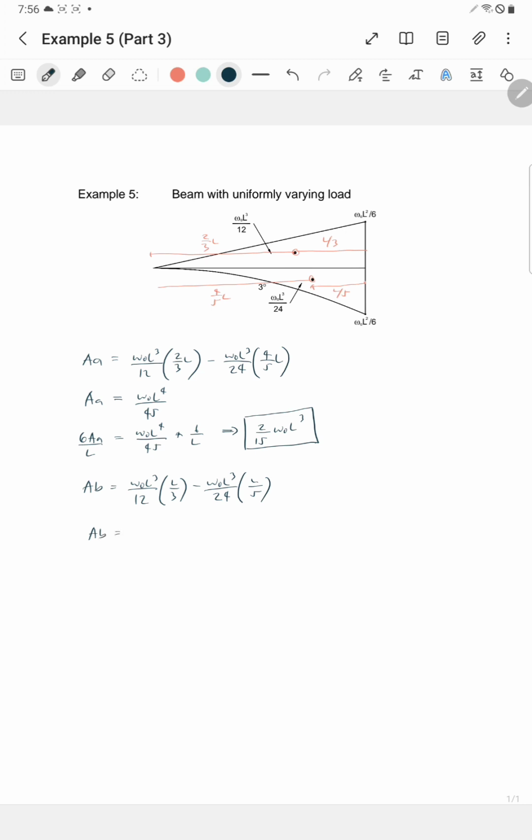Simplifying, 7 over 360 WL cube, L raised to 4. Then multiply the result by 6, divide by L. We obtain 7 over 60 WOL cube. So ito yung formula para sa 6AB ng triangular load.